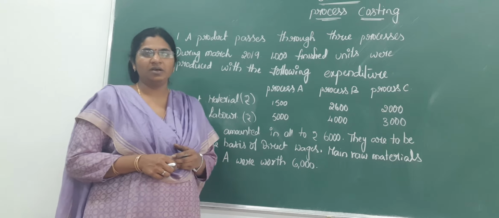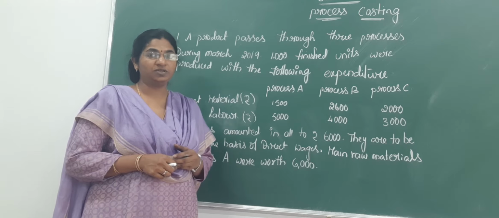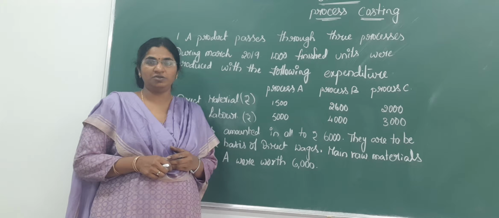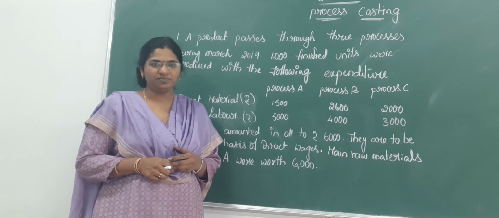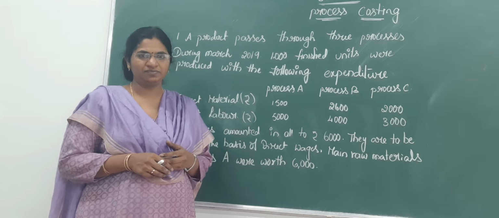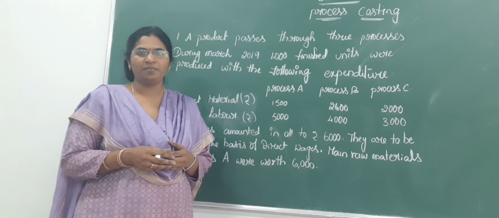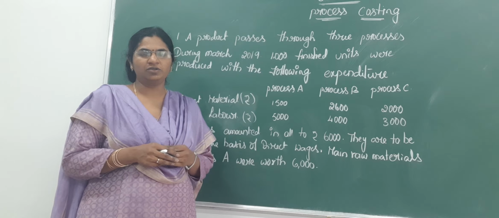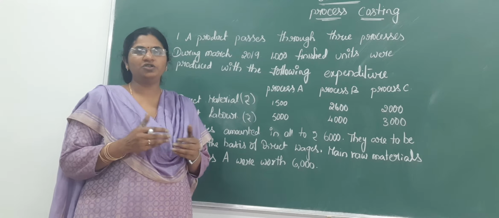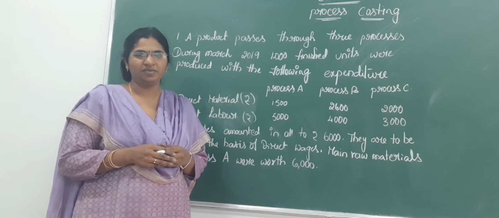Now, I'm going to explain process costing, which is another topic in unit number 5. Process costing is nothing but, in a contract, when different contracts are running and work is going on, work should be allocated for different works.